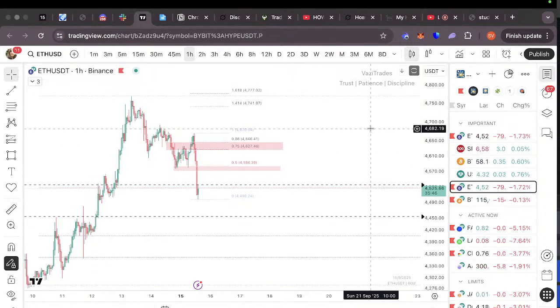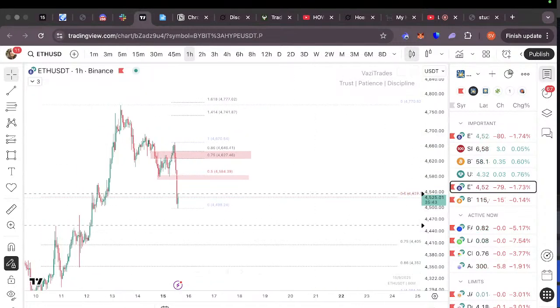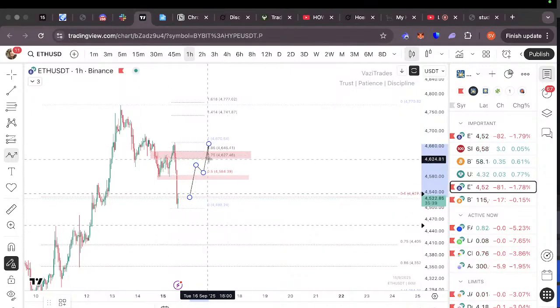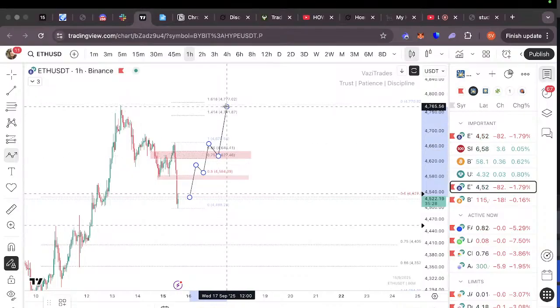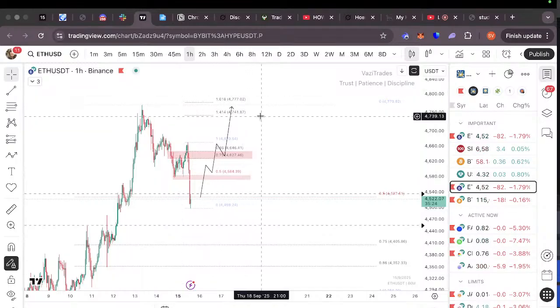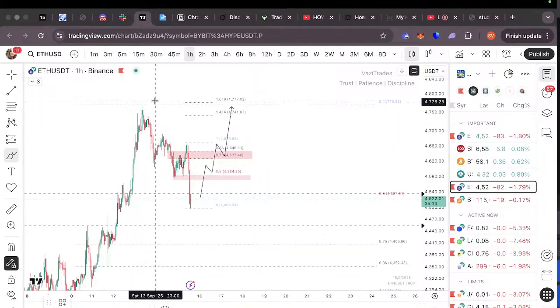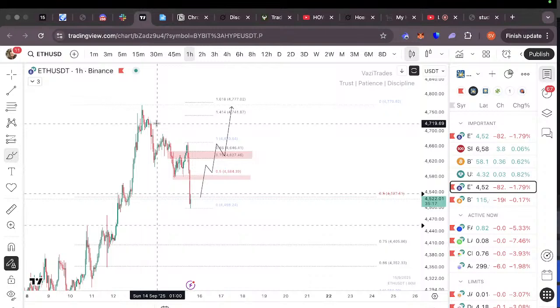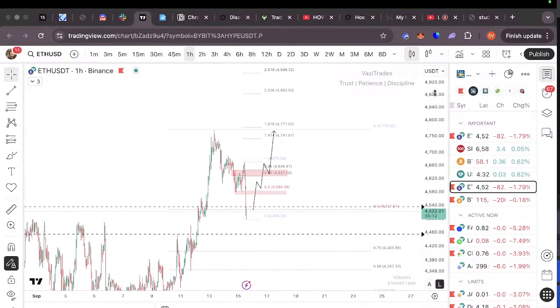Only if Ethereum gives a nice bounce and a proper close above the 0.75, 0.86 Fibonacci, or $4,646, then we can expect more uptrend till the next resistance around 4,741, this previous high on 1 hour, which can again be a resistance to break.